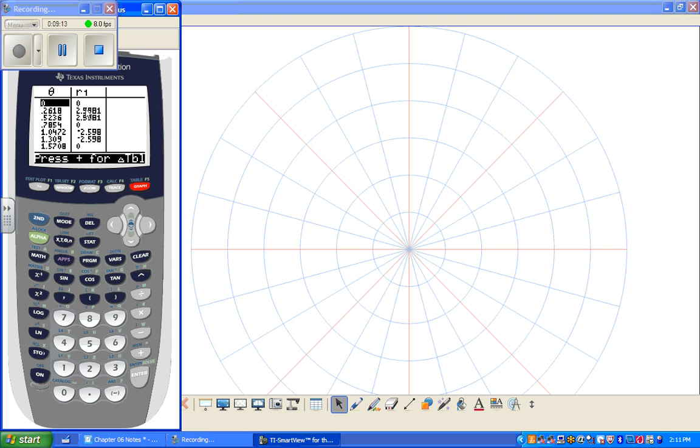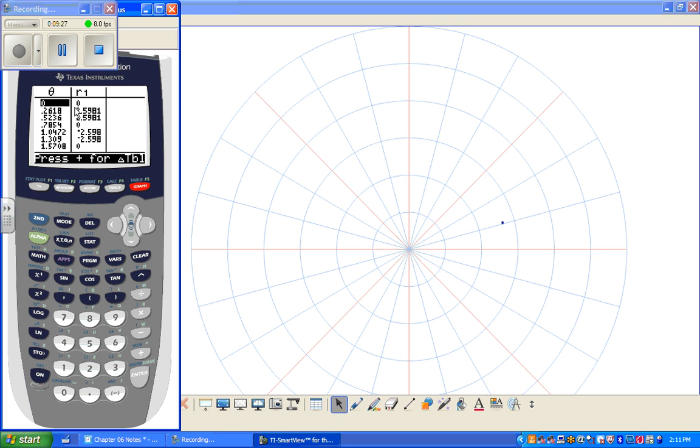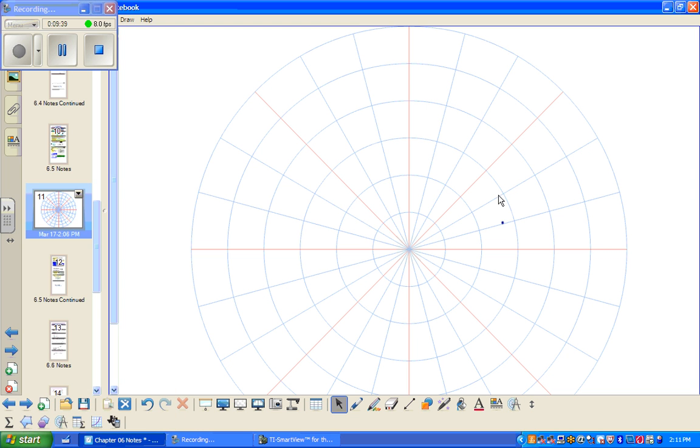I need to go out 2.5981 units, which means it's not going to be perfect, but if I go on this first line out to 2.59 something, I'm plotting a point here, or so. And for this one, same type of thing, only it's on the next angle, I should say, and I go out the same amount. And so on and so forth.